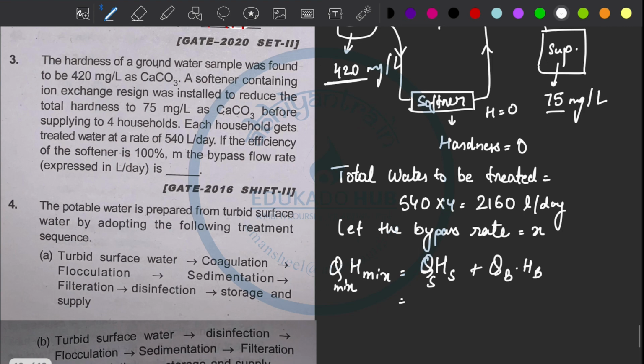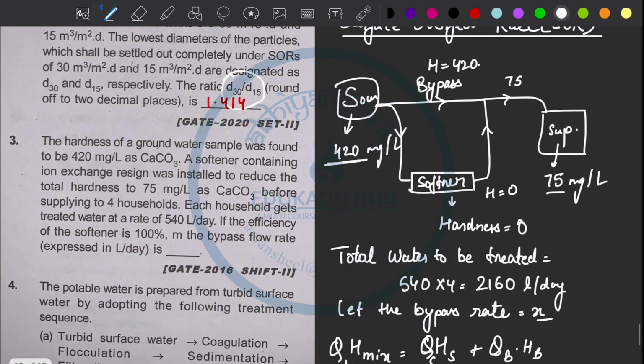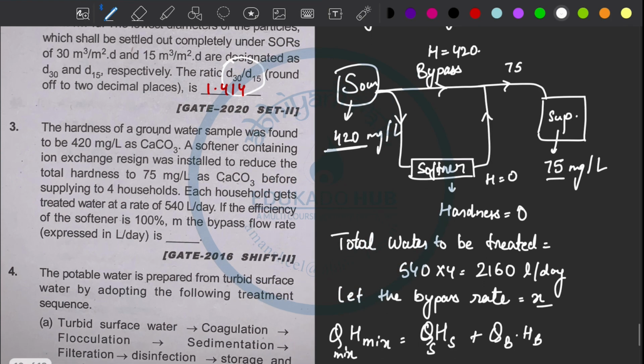The mix has hardness 75. The bypass rate is x, so the softener rate will be 2160 minus the bypass rate.